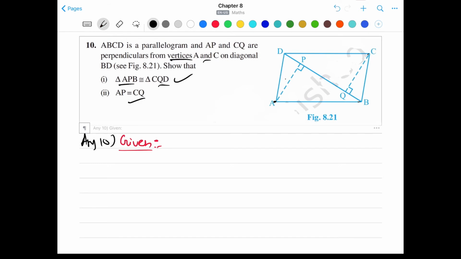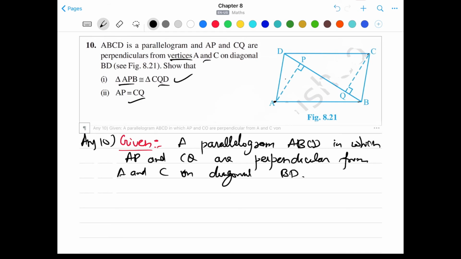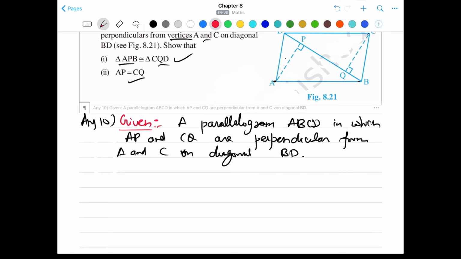Given here is a parallelogram ABCD in which AP and CQ are perpendiculars from A and C respectively on diagonal BD.